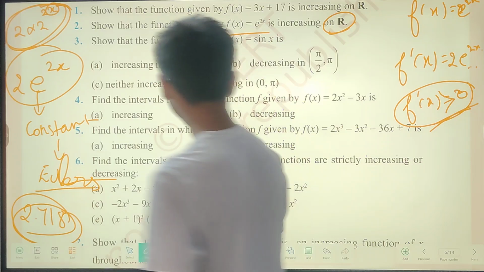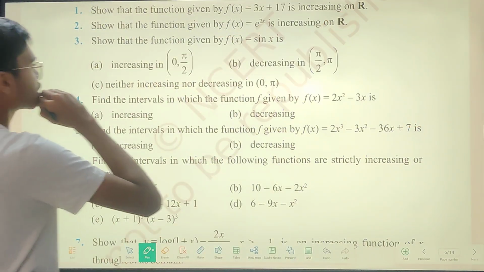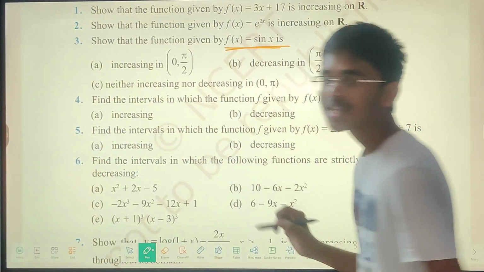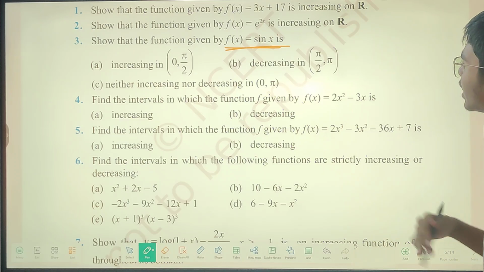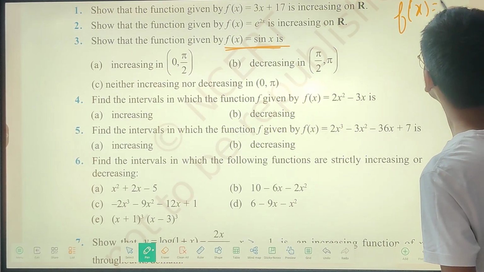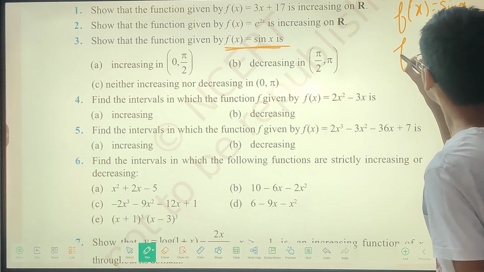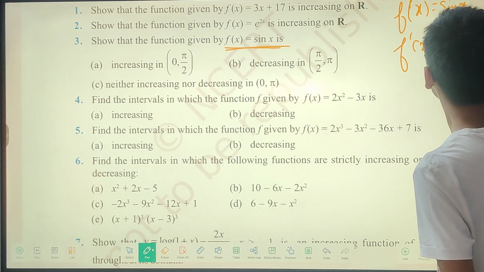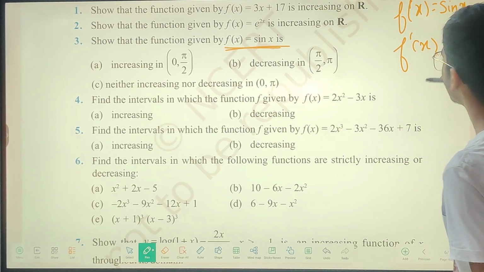This is the reason. Then you take your third question, f of x is equal to sin x. Then f dash x is going to be cos x, positive cos x.